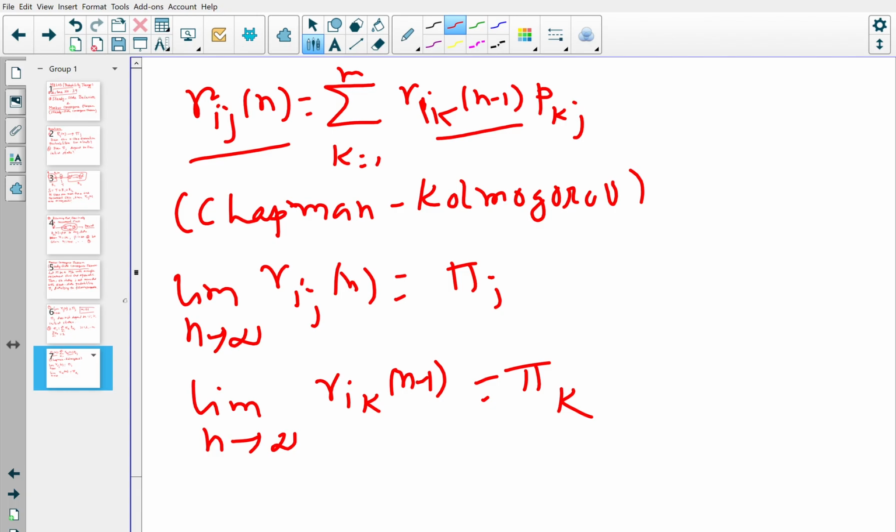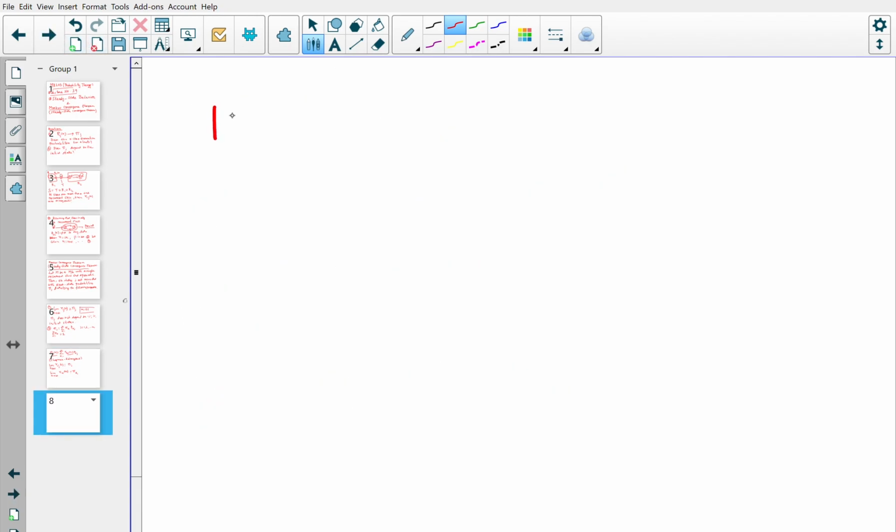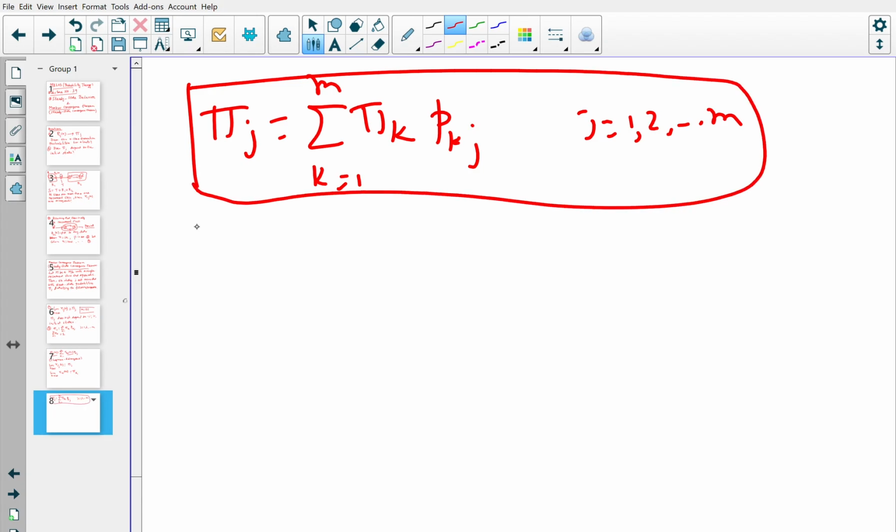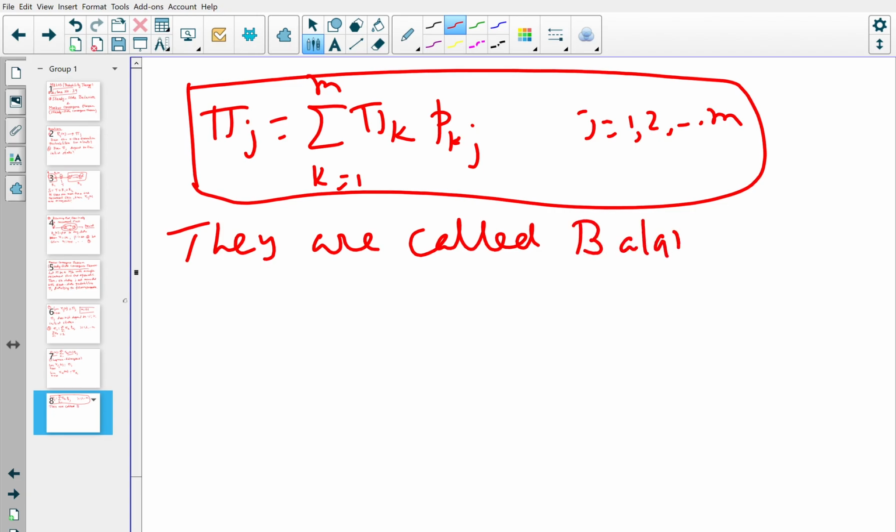Now using this limiting value, you can easily find that the equation becomes pi j equal to the summation of pi k times p kj. This is a very important equation, and there are m many equations, and they are called the balance equations.